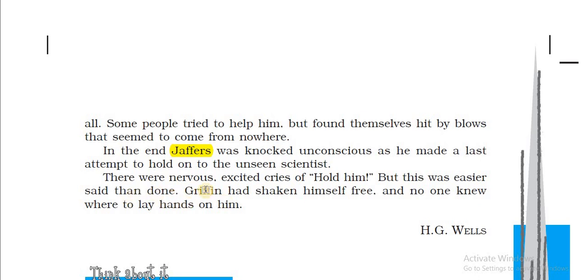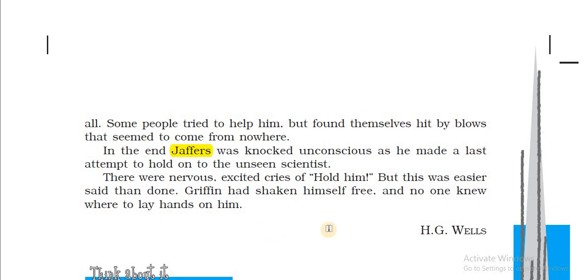There were nervous, excited cries of "Hold him!" but this was easier said than done. Griffin had shaken himself free and no one knew where to lay hands on him. That means the crowd present at the bar was excited and nervous, and they only cried, "Hold him!" but he was not visible, so how could anyone hold him?